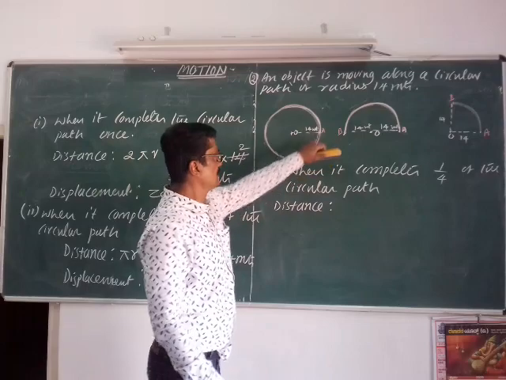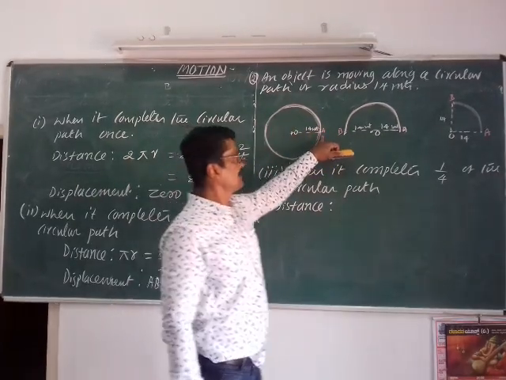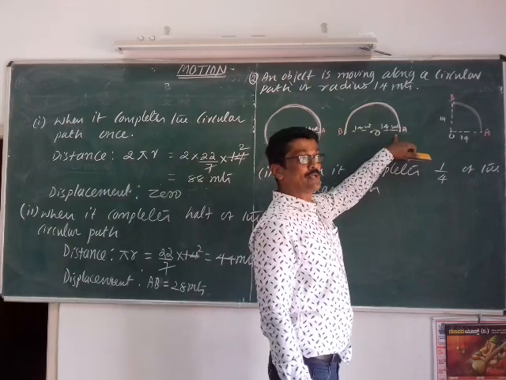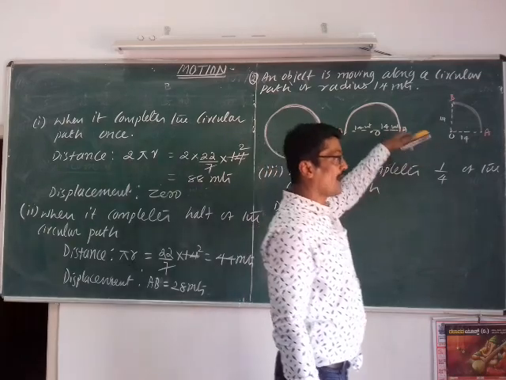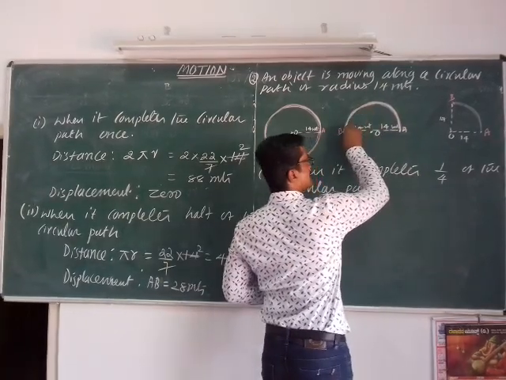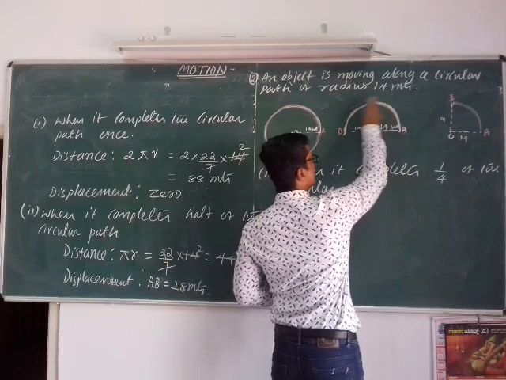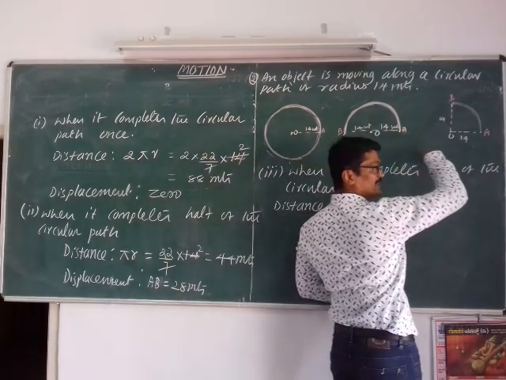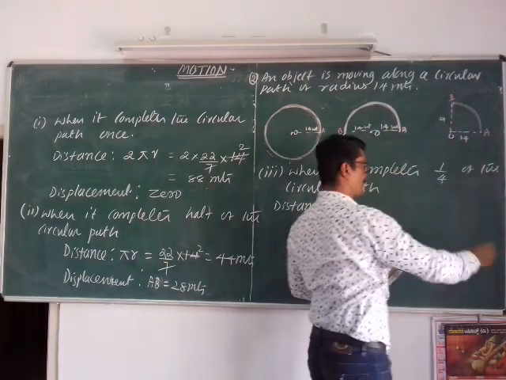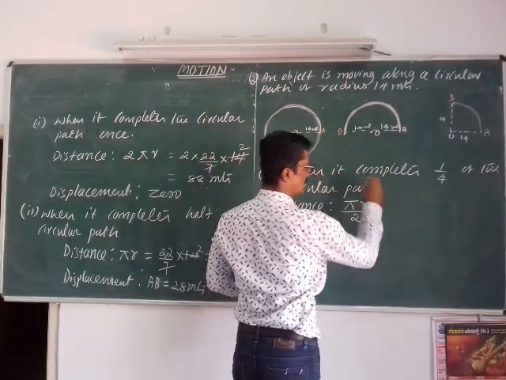Distance when it completes the circular path once is 2 pi r. Half of 2 pi r is pi r. Half of that is pi r by 2.